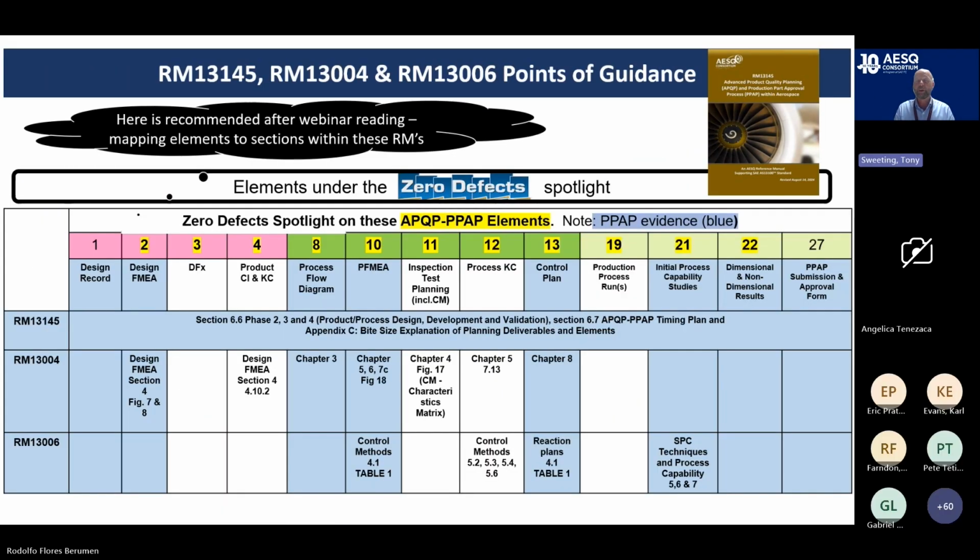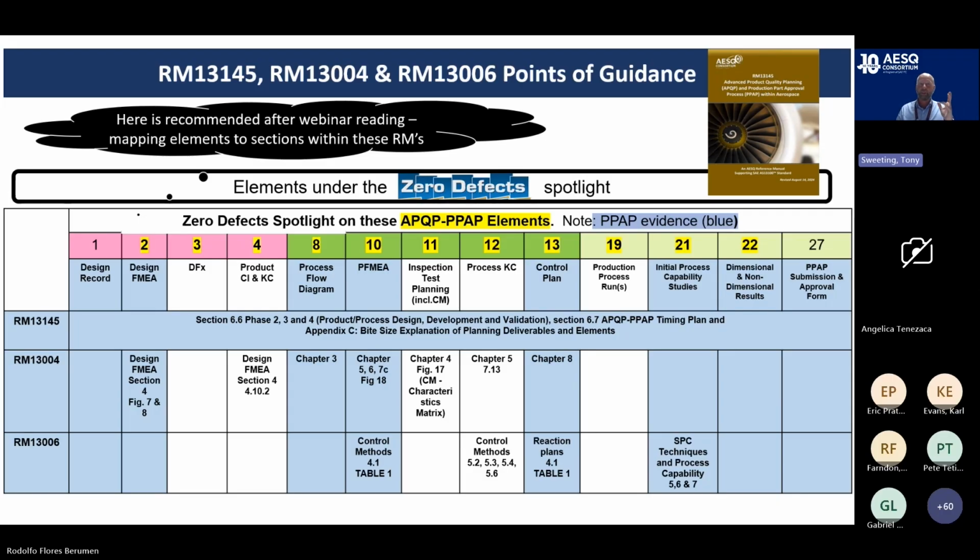We've already seen this, but I'm just going to emphasize the one bit that Eric mentioned as well, which is that 13145 is the basis of what we're talking about. But it's augmented, and it's essential to look at the other reference manuals.